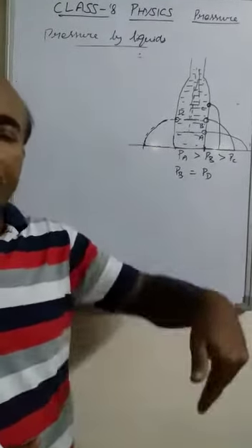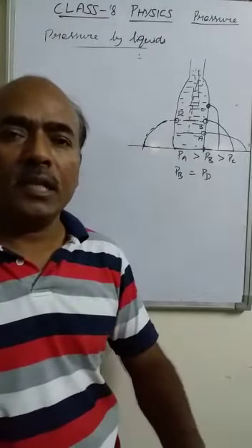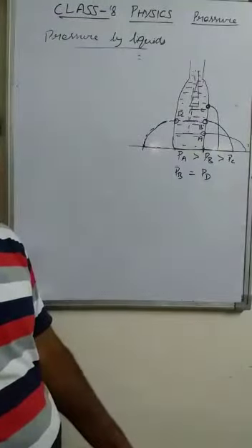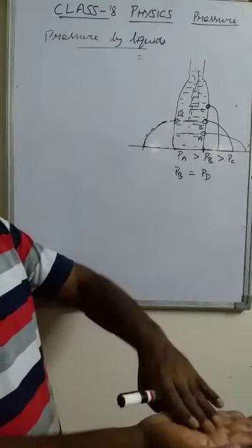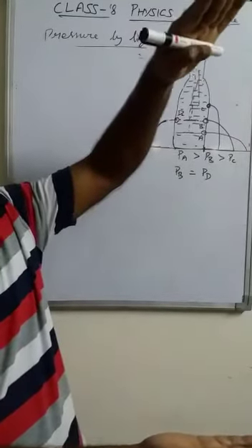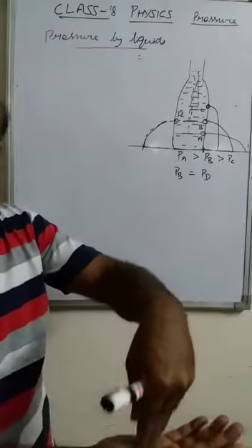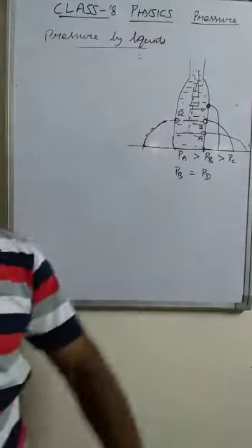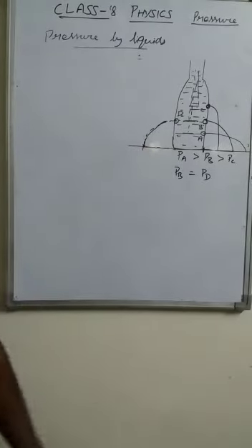If he goes deeper and deeper, the pressure increases continuously, because if he is at a depth of 1 kilometer, then above that point, all the water exerts pressure on his body. So he experiences more pressure. That means if we go deeper into the sea, we experience more pressure.